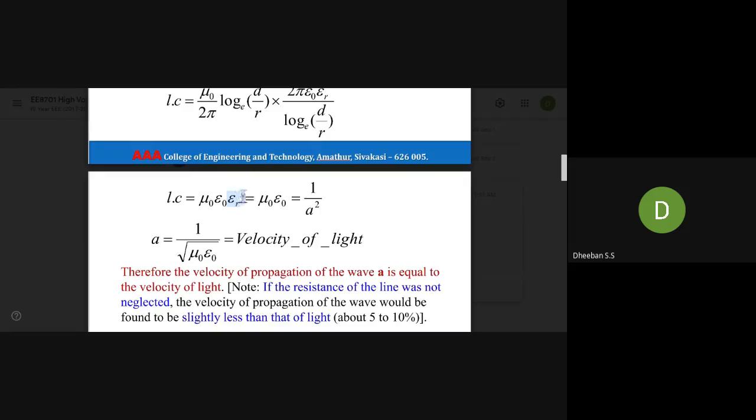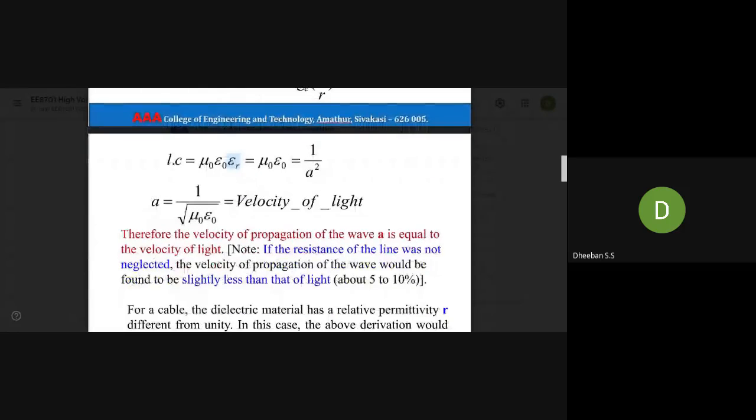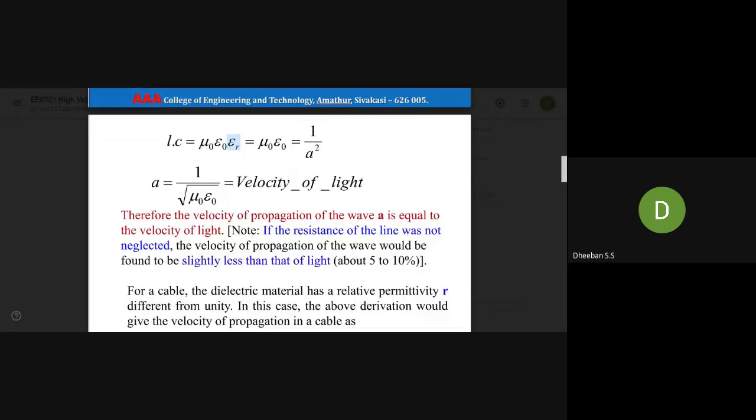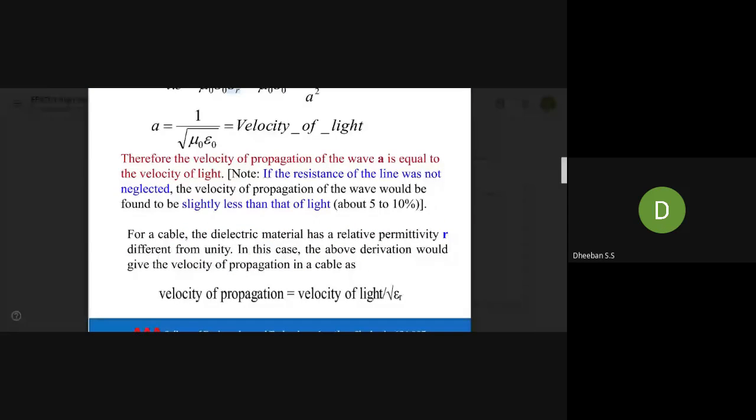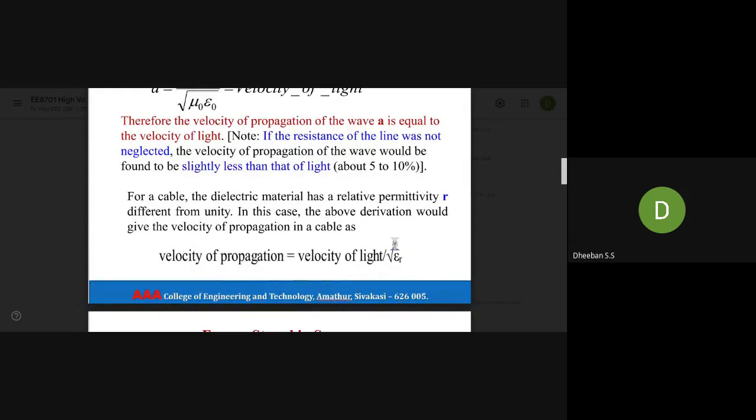With respect to air your epsilon r is 1; for some other material, it will take some other value. So with respect to your cable, the velocity of propagation equals velocity of light divided by root of epsilon r. This is another one.